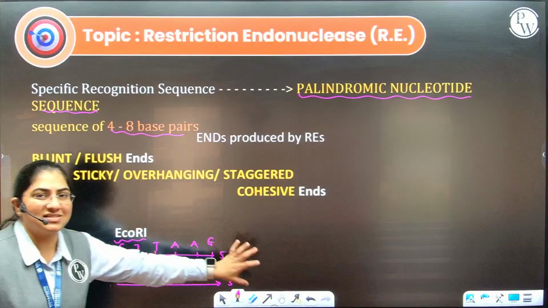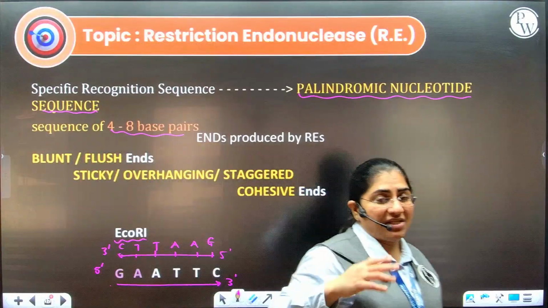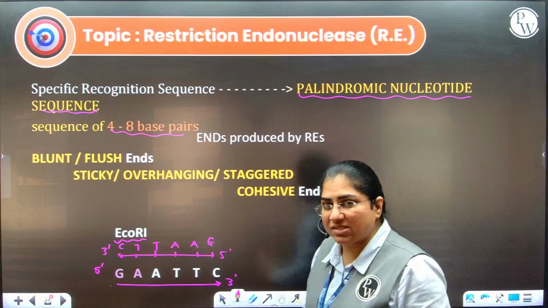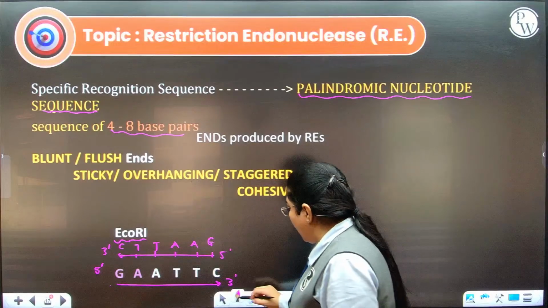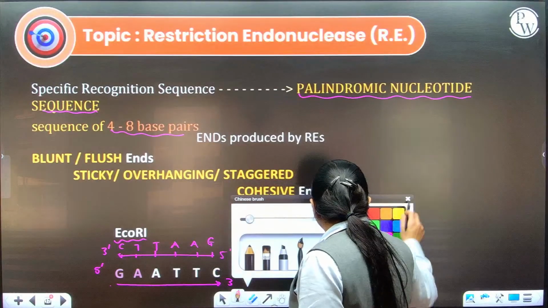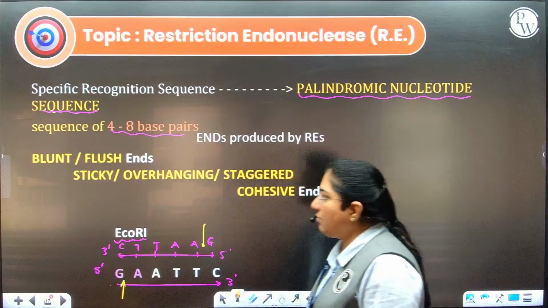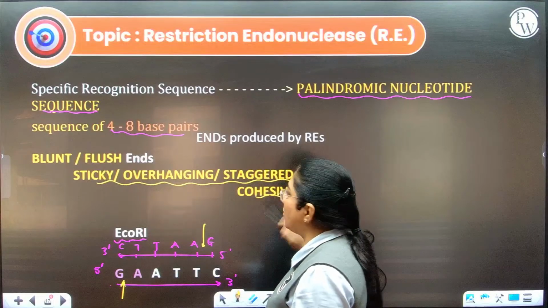You call such sequences palindromic sequences. REs will identify 4 to 8 such base pair palindromic sequences and make an incision. If you are talking about EcoRI, it makes an incision between G and A, thereby producing ends which are sticky, overhanging, staggered or cohesive ends.